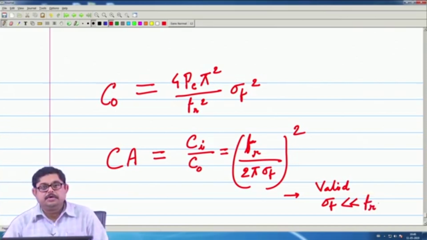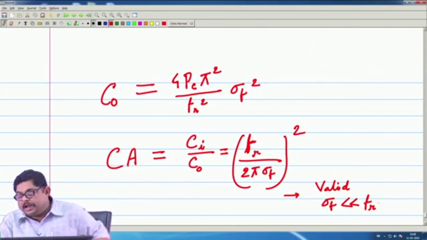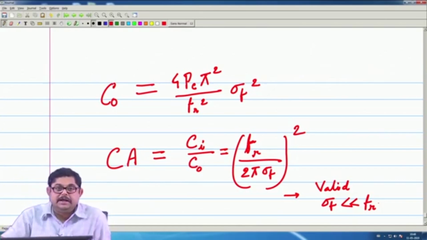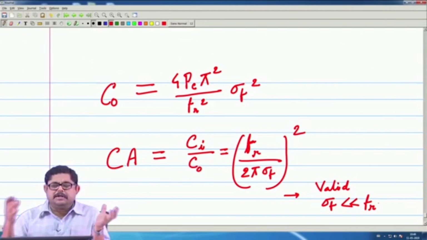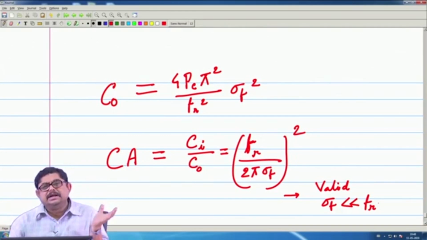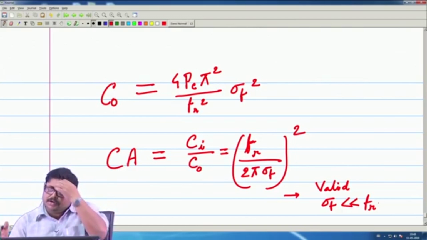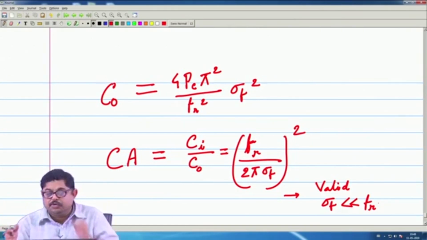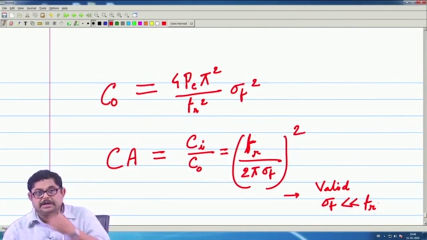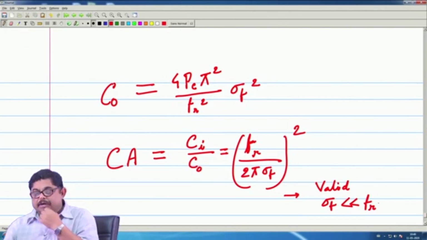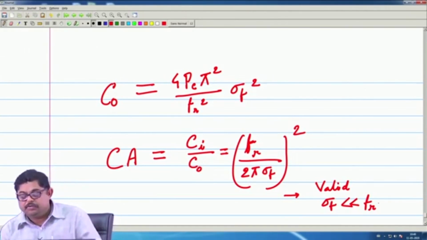Usually it is true that fr, the PRF, is much larger than sigma f, but if you have platform motion and other things, sometimes sigma f may not be small, so this is not valid. Then you will have to go to the basic equation and evaluate that integral, but otherwise this is a good one.